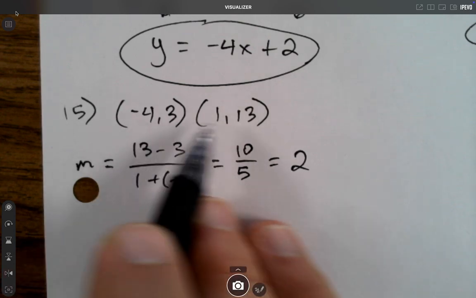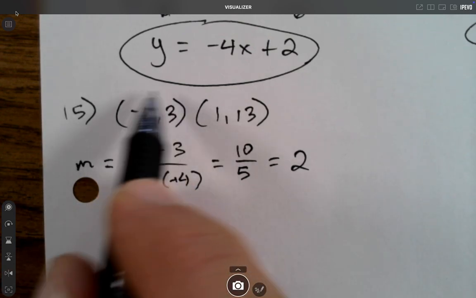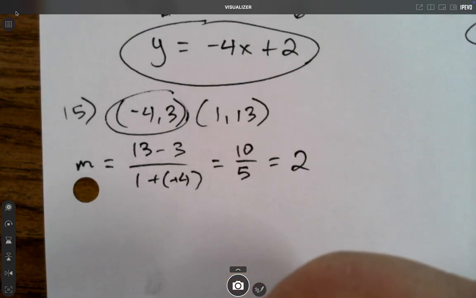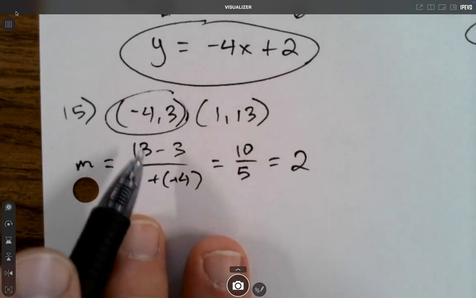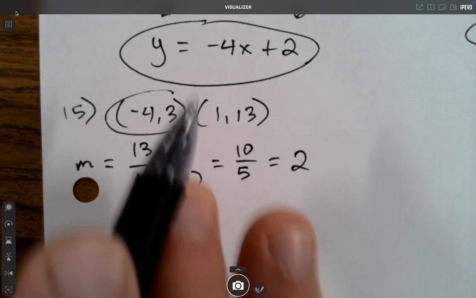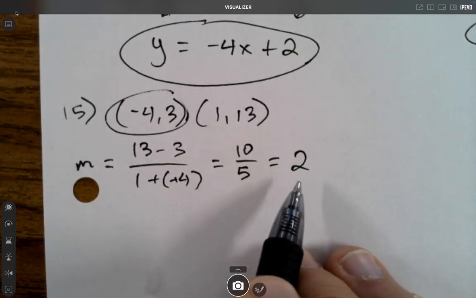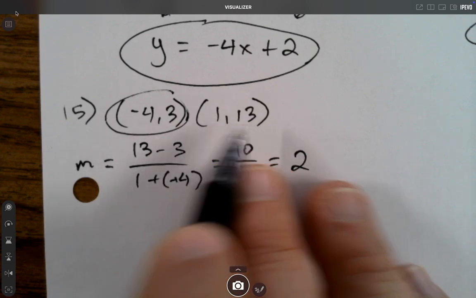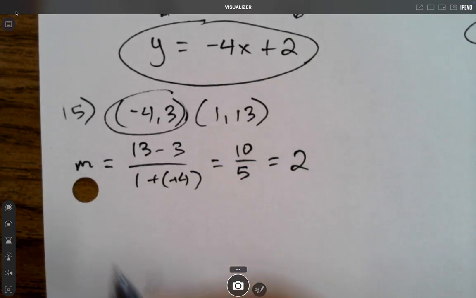And you can choose either one of these points. I'll just use the first point. So you use the first point and the slope and put it back into point slope form. At this stage, we're now doing it identically to what we did in 11 and 13 because we have a slope and a point. And again, you're allowed to use either point. I'm just choosing to use this one on the left.